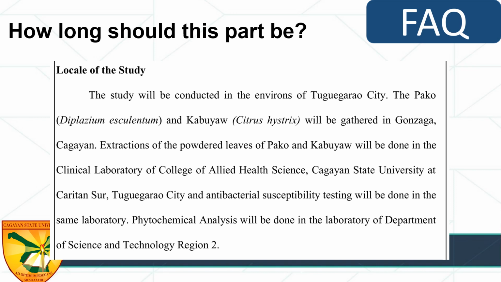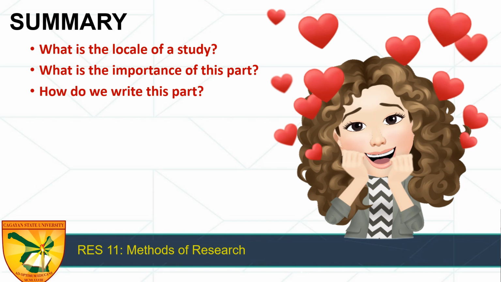In the examples I've shown you, 1 to 2 paragraphs will be enough to state the locale of the study. So in this PowerPoint video, we talked about the locale of the study, what is the importance of this part, and how we write this part.